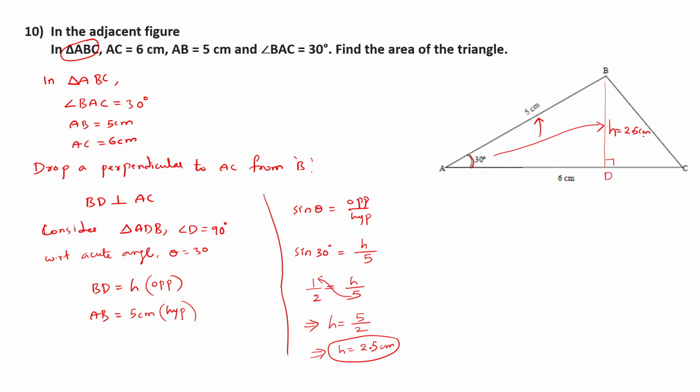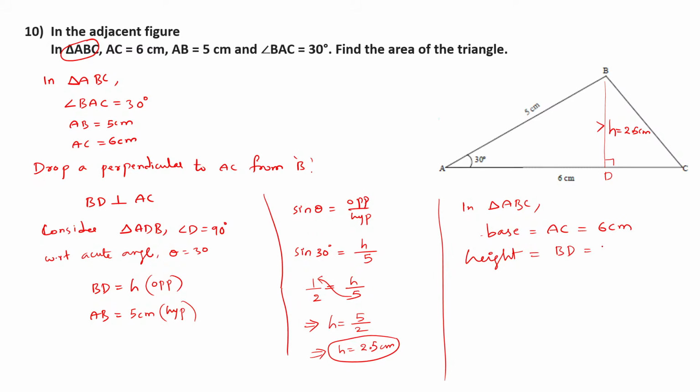Now you ignore all these things. Now in triangle ABC, we consider the base as AC. It is given as 6 centimeters, and we have found the height of the same triangle, that is BD equals 2.5 centimeters.